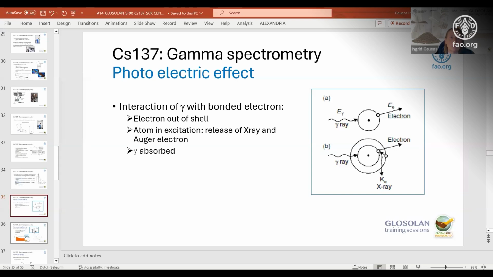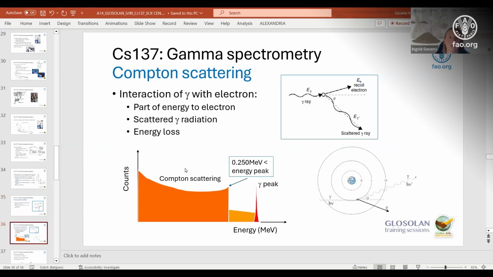The second one is Compton scattering. It's an interaction of the gamma with an electron, and a part of the energy goes to that electron, and part stays with the gamma and gives a scattered gamma radiation. So we have in fact not a gamma ray that's gone, but there is some energy loss. If you look at the spectrum, you don't have, let's say, the red peak, the gamma peak, but you have a whole kind of background.